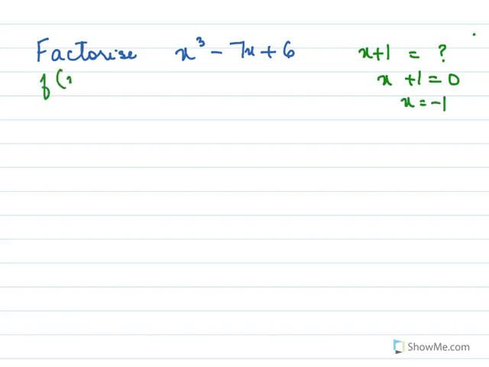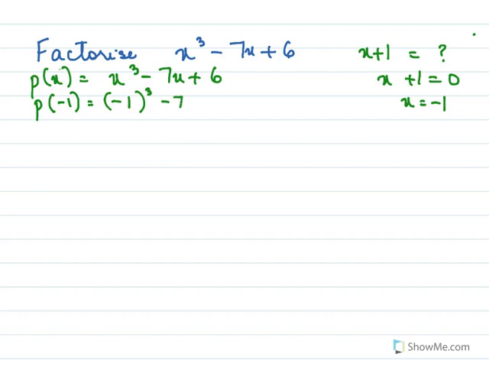Here we put p of x equal to x cube minus 7x plus 6. We want to check if x plus 1 is a factor, so p of minus 1, so minus 1 cube minus 7 times minus 1 plus 6, that is minus 1 plus 7 plus 6.